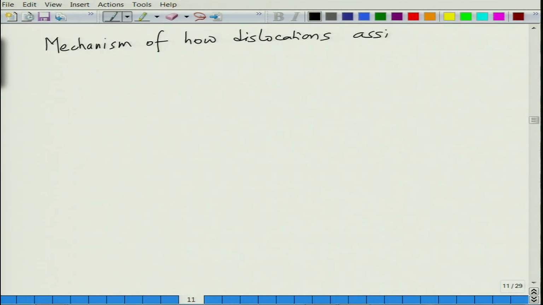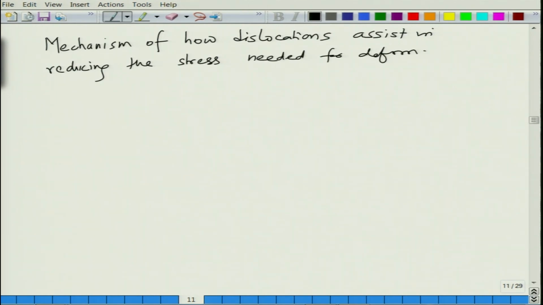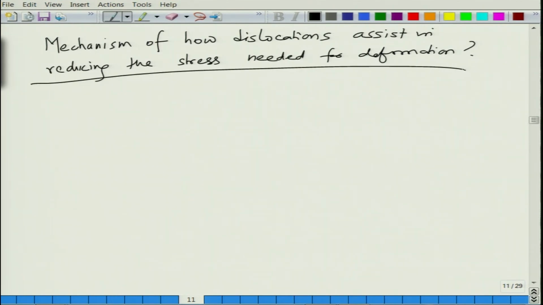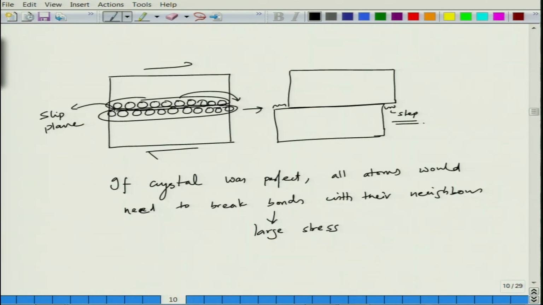First, we need to look at the mechanism of how dislocations assist in reducing the stress needed for deformation or yielding. This is the question that we ask first. In the previous picture we saw that all the atoms move.